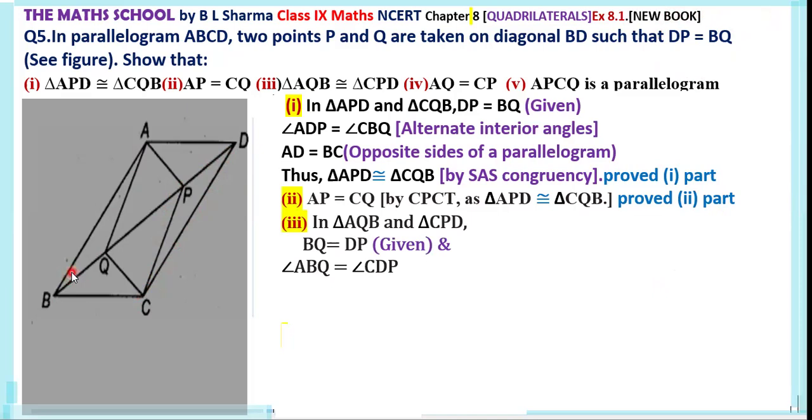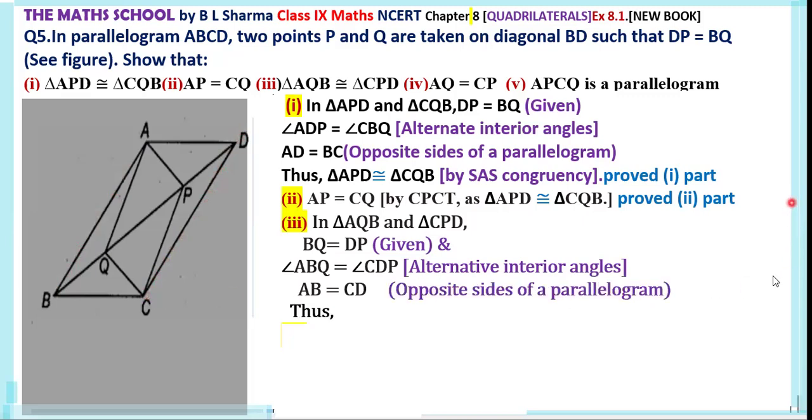This angle is equal to this angle, alternate angles. And AB is equal to CD. This AB is equal to this CD, opposite sides of a parallelogram are equal. So again, triangle AQB is congruent to triangle CPD. Proved the third part.